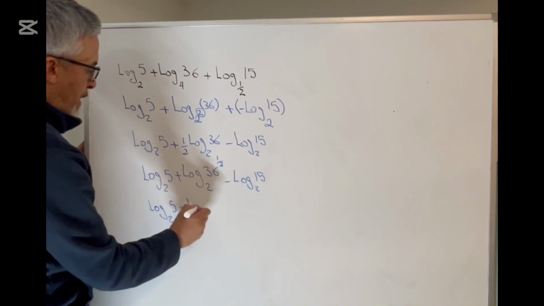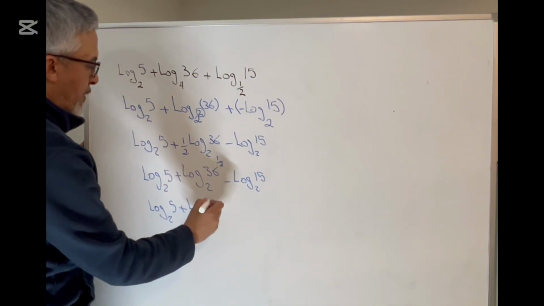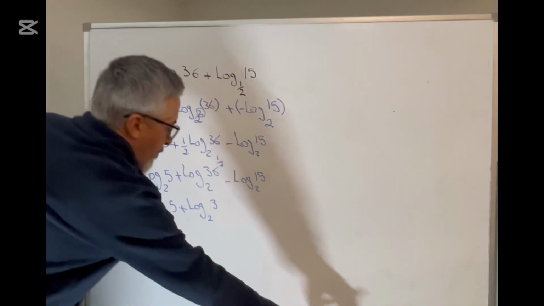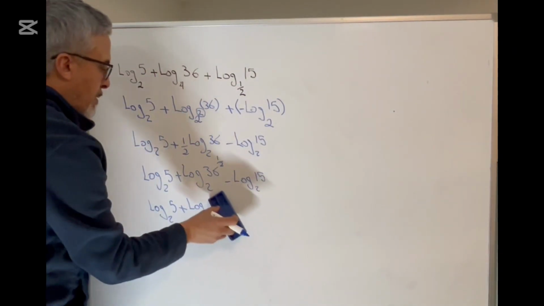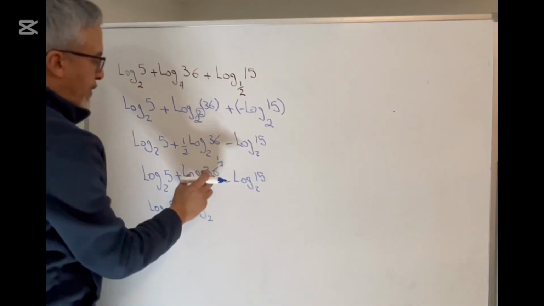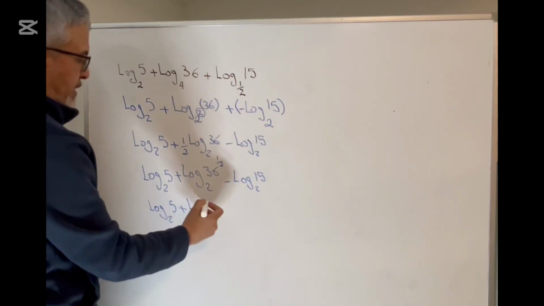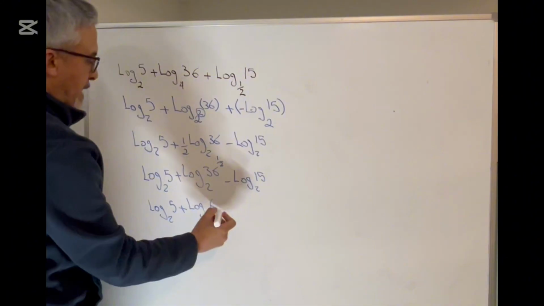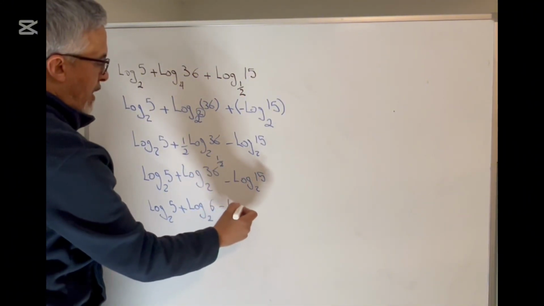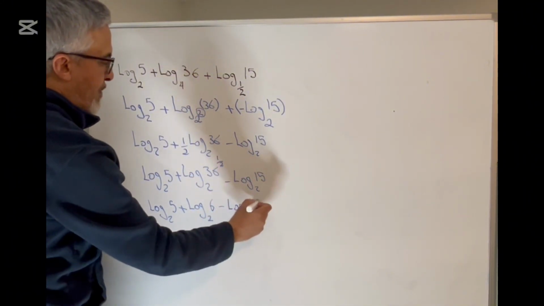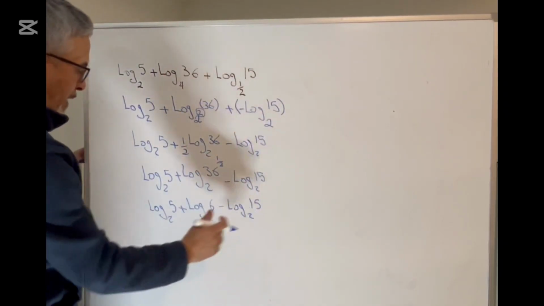Plus log base 2 of 36 to the power of 1/2, which is the same as the square root of 36, and the square root of 36 is 6. So that's going to become 6 minus log base 2 of 15. Now at this stage, we could combine the logs.